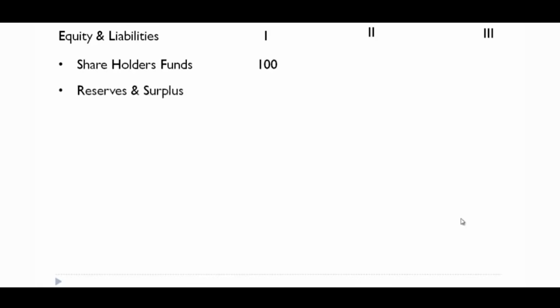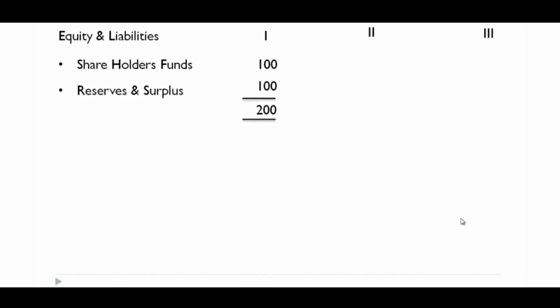We are going to have only the liability side of the balance sheet, where we'll list out the equity and liability. So we'll have case 1, case 2 and case 3. I'm going to give you the information about the shareholders funds. Here the shareholder funds is 100, which is a direct contribution, and reserves and surplus is 100, which is an indirect contribution.